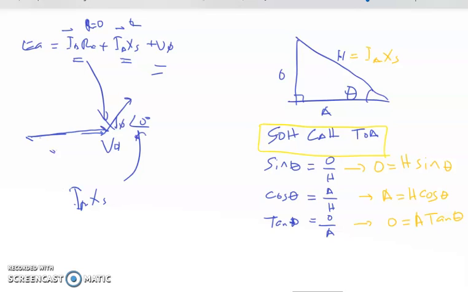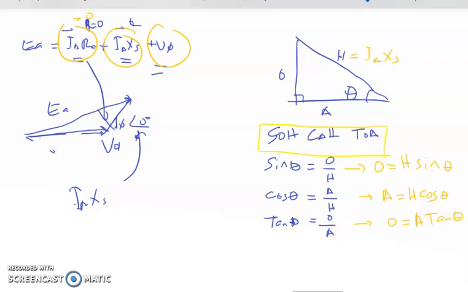Then this is the sum, our EA. EA will be only the sum of IAXS plus V phase, because this amount is now 0.